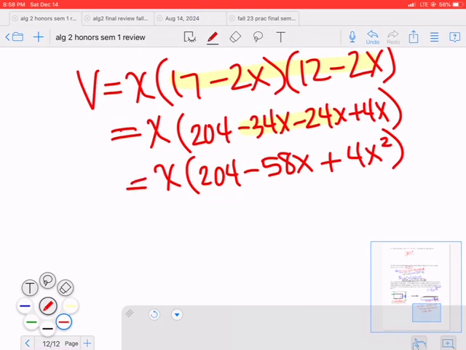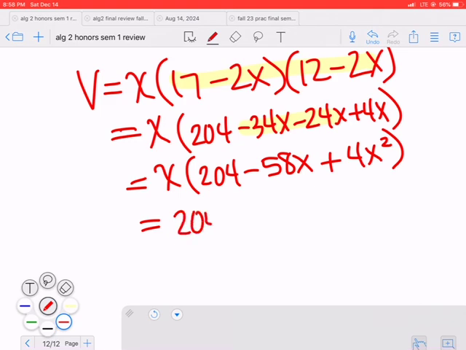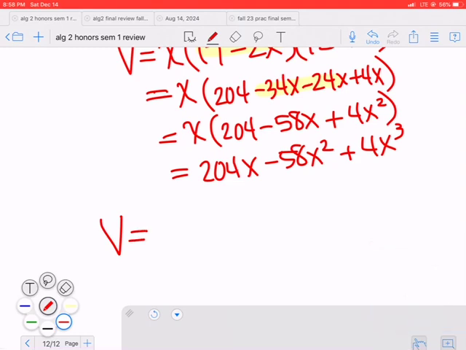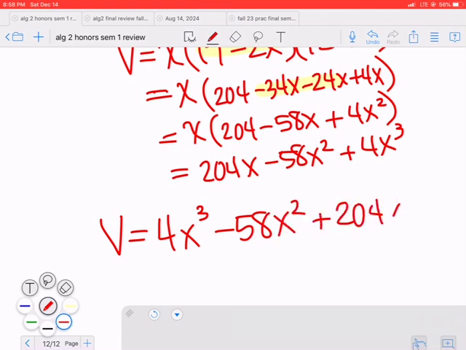And now we'll distribute that x: 204x minus 58x squared plus 4x to the third. I'm going to put it in standard form, so highest exponent first and then going down from there: 4x cubed minus 58x squared plus 204x.